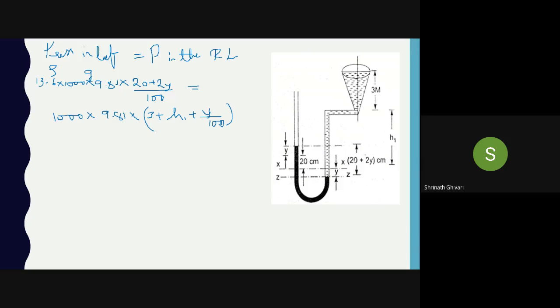H1 value you have found out previously. That is 2 point something, 2.72. 2.72.